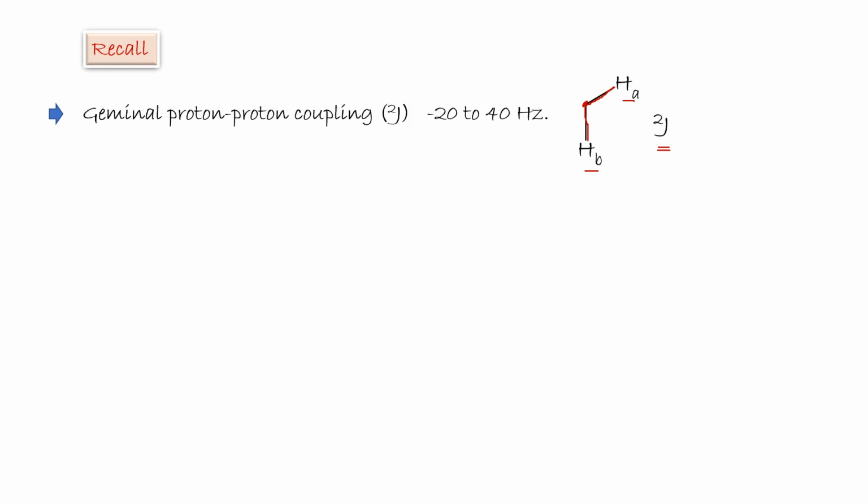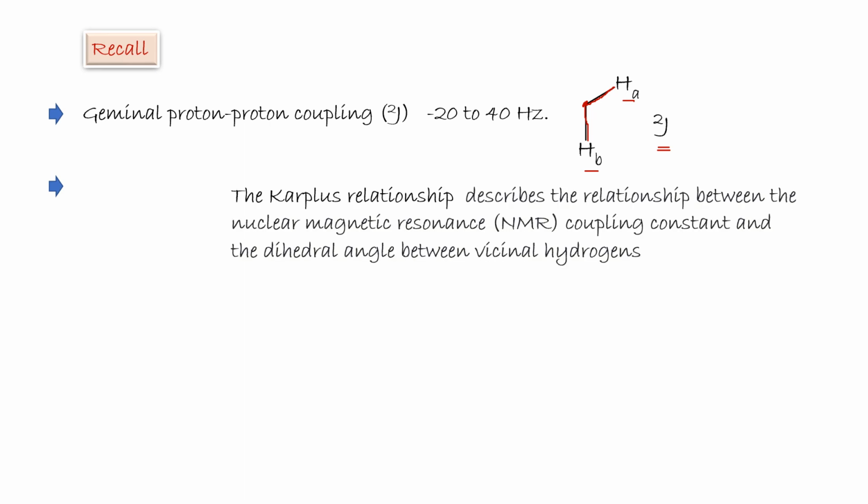Geminal proton-proton coupling, the value is around 20 to 40 Hertz. Karplus found that the relation between 2 diastereotopic protons with 3 bonds between them depends on the dihedral angle between these protons.